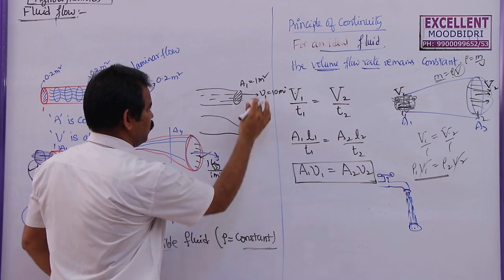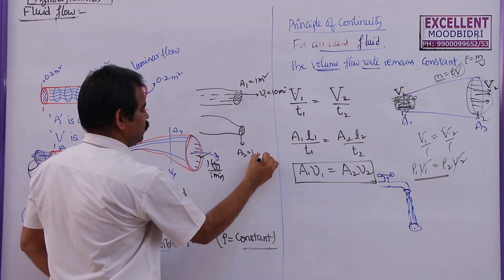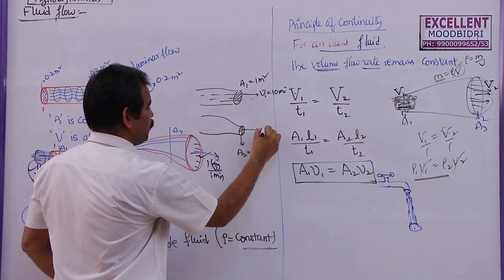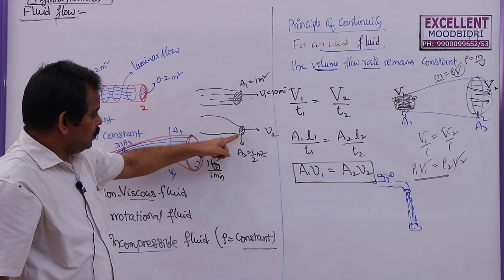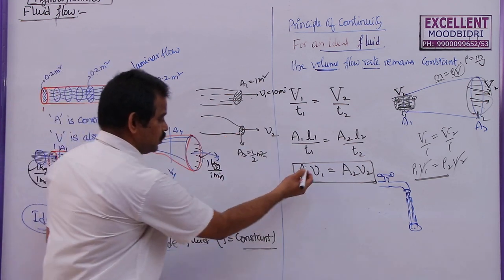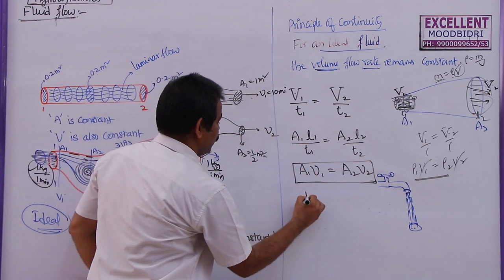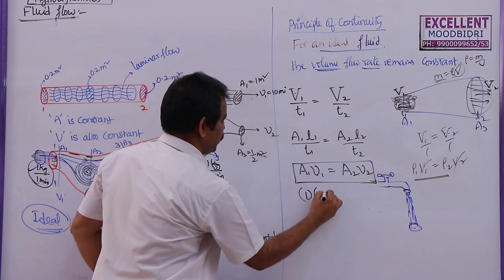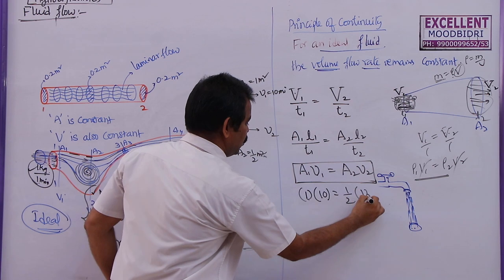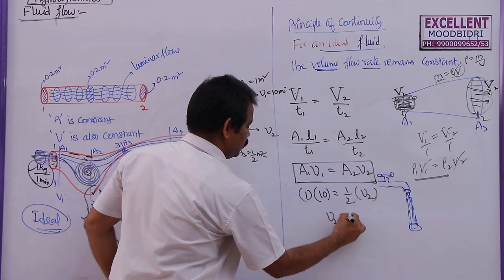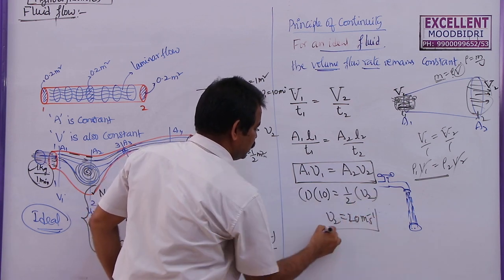Let us say 1 meter square is made into half meter square. Then what happens to the velocity? Whenever area decreases, the velocity will increase. So now I am going to substitute this value. A1 is 1 meter square, velocity is 10 meter per second. When the area is reduced to half of the previous value, the velocity will become V2 is equal to 20 meter per second.